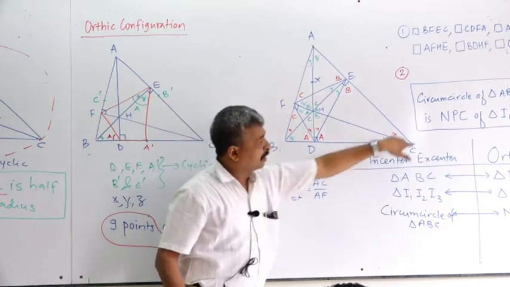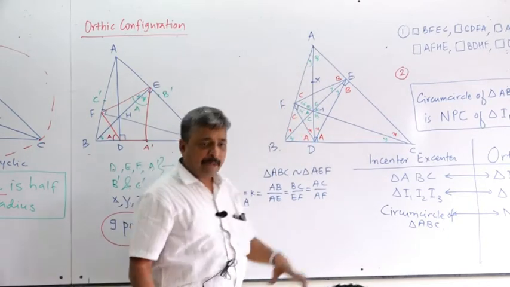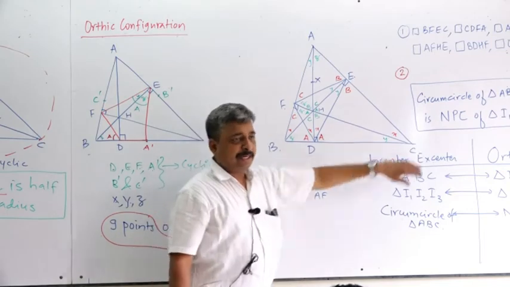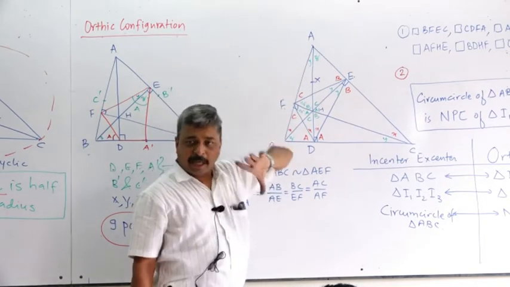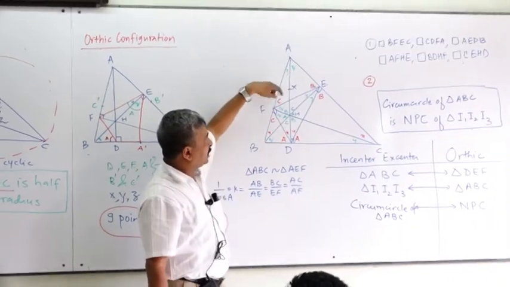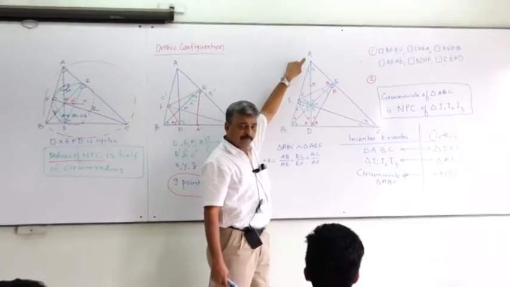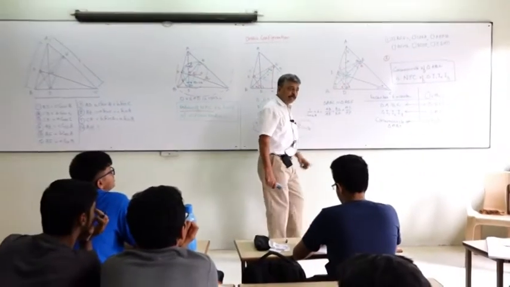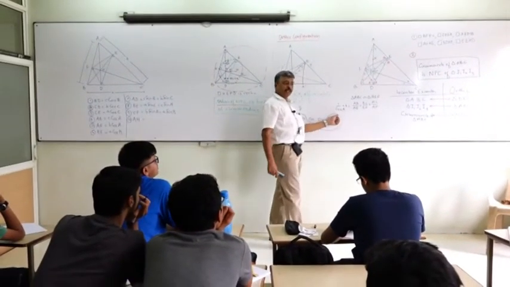And what will be the circumradius of triangle ABC? Capital R. Triangle AEF circumradius is XA. And how should they be proportional? 1 upon cos A times.